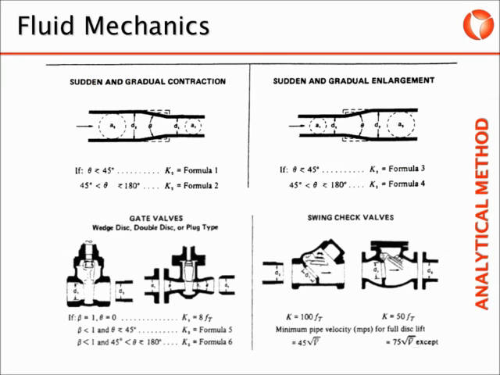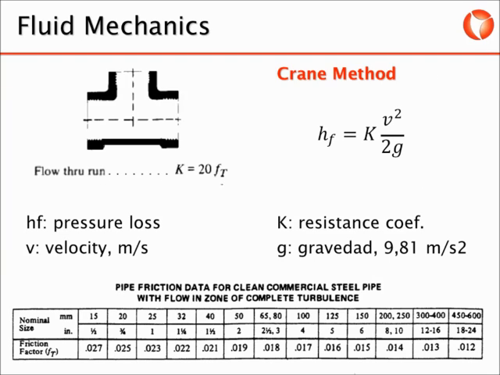Finally, once the pressure loss in straight pipe runs has been determined, the pressure loss in fittings must be calculated depending on the system configuration. One of the most used methods to determine the pressure loss in fittings is the analytical method developed by Crane.